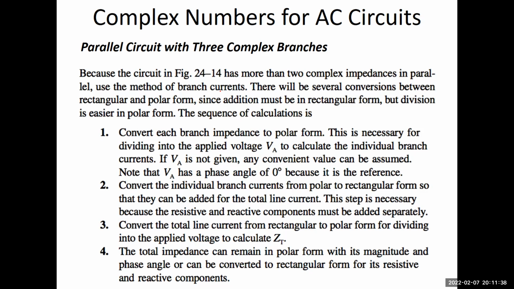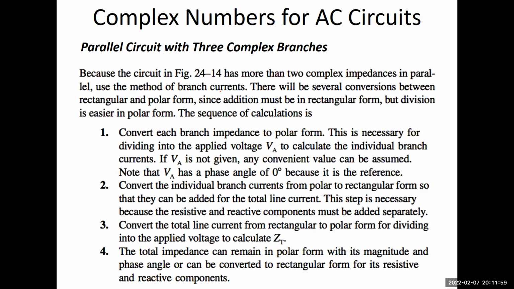So this is necessary for dividing into the applied voltage VA. Okay? And then to calculate the individual branch currents. So if VA is not given, then any convenient value can be assumed. Okay? But noting that VA has a phase angle of 0 degrees. Okay? Because it is the reference.